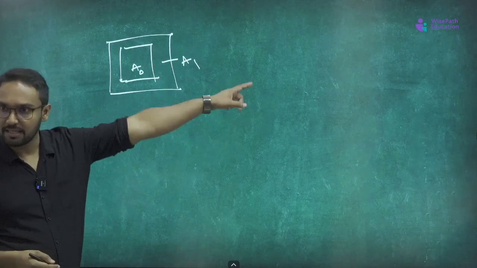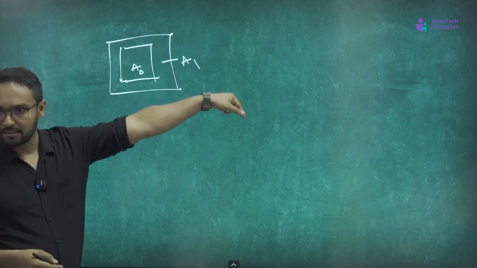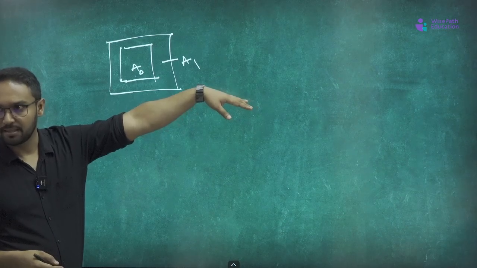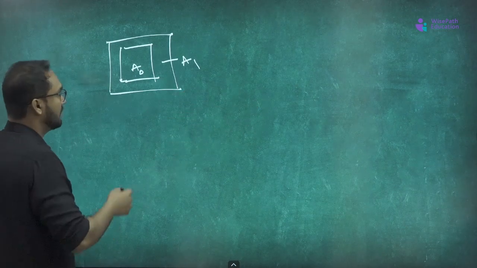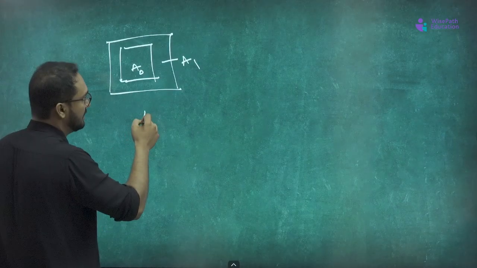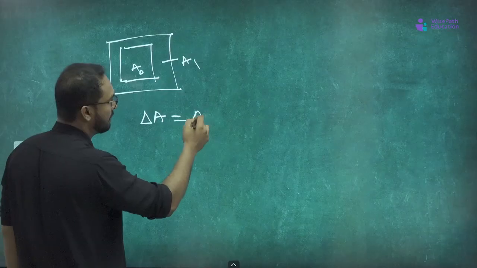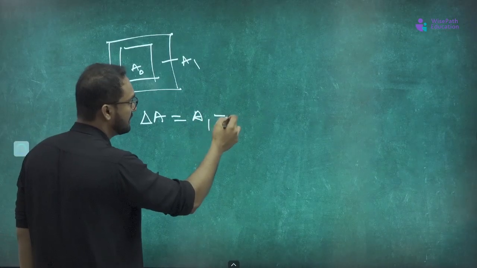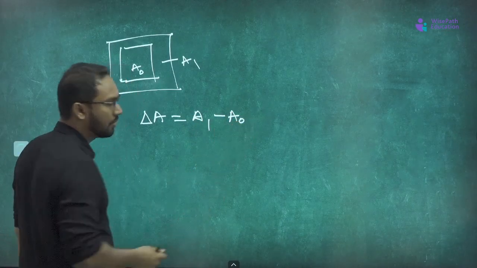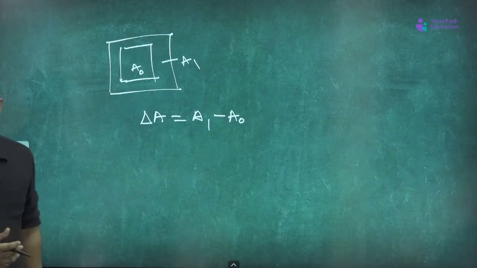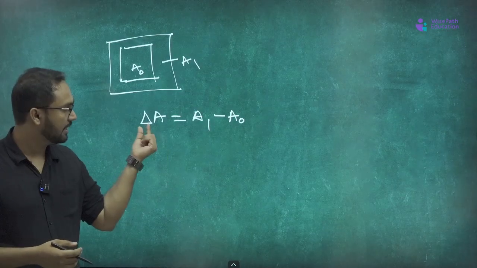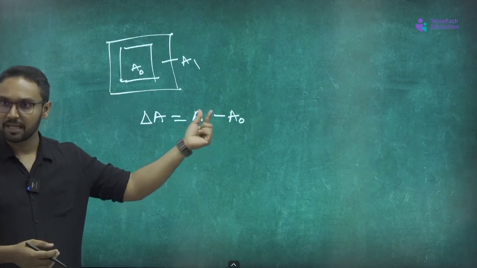This is the final area once the heat is applied. So the amount of area increase is delta A, which is equal to A1 minus A0.